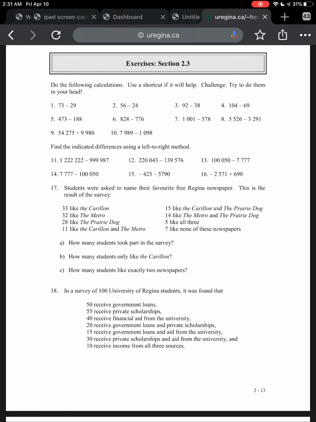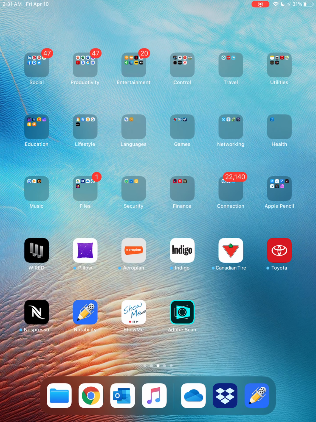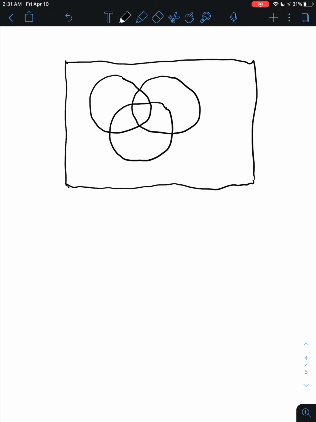So we're going to try to put that data into our Venn diagram. So here is a Venn diagram to represent the data. There are now 3 categories: Carillon, Metro, and the Prairie Dog.